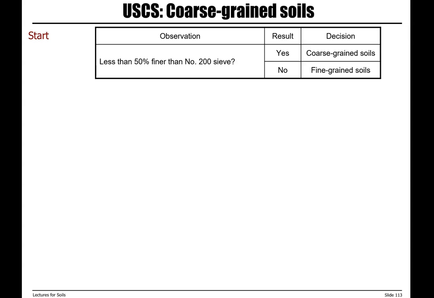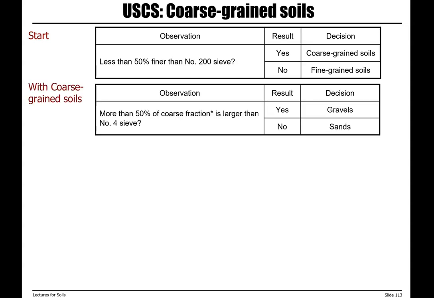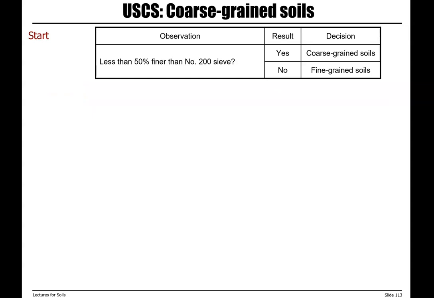Let's go over the steps of USCS for coarse-grained soil. Question number 1, which one do we have more, coarse or fine? In order to answer this question, you need to look at percent passing from sieve number 200 and answer the question: less than 50% finer than sieve number 200?